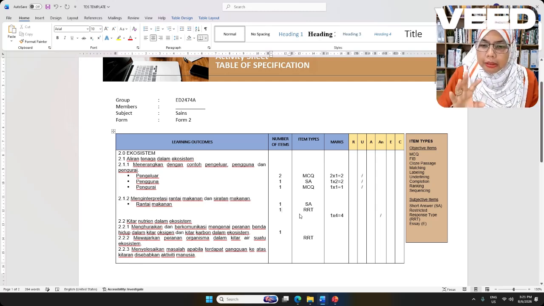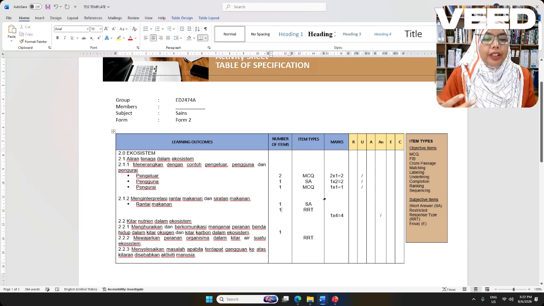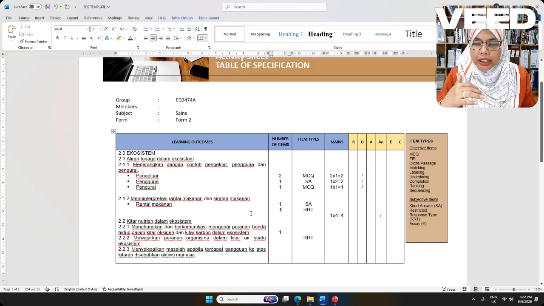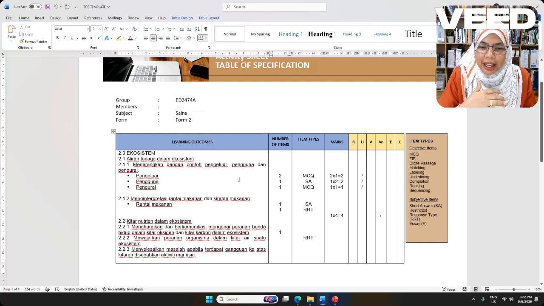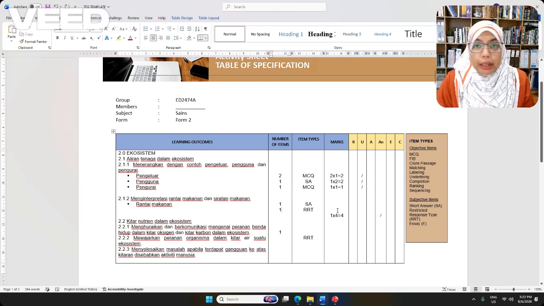Yang kedua, because we want to make sure that all of the learning standards have been covered by items at the level that is comprehensive. And we can only determine the comprehensiveness of our task by having it specified in a more specific way. Okay, right, I'm yapping too much.